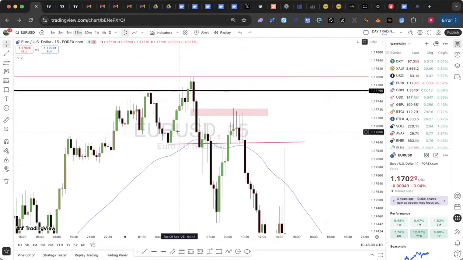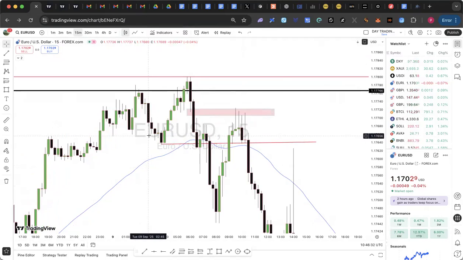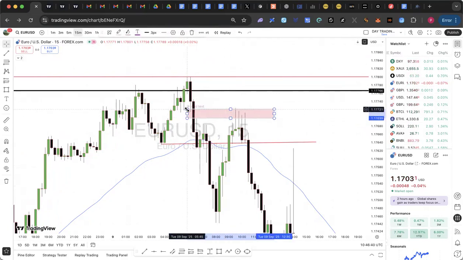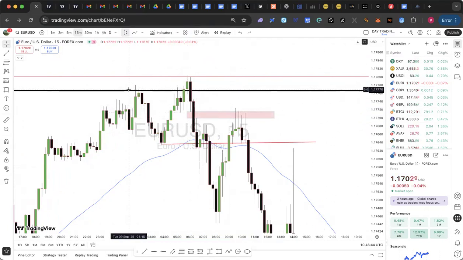Okay. So now, for the fact that the market got to the resistance point and broke down, you are waiting for a reverse up to this point to get rejected.